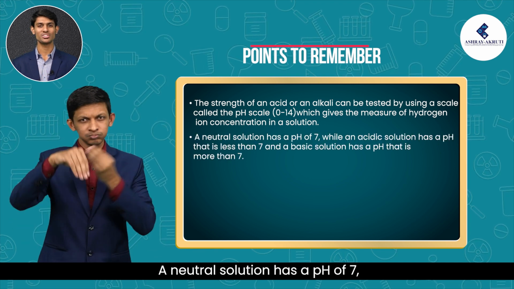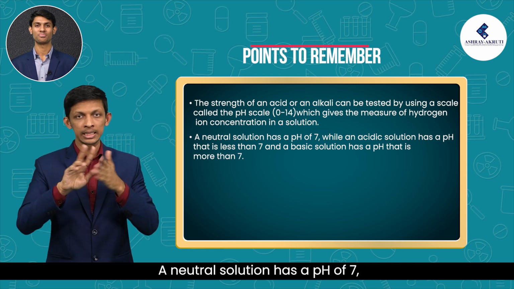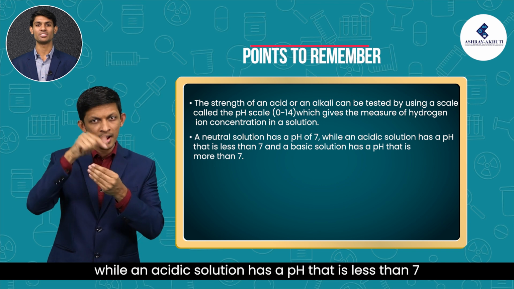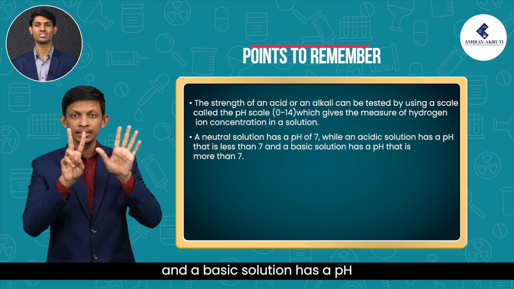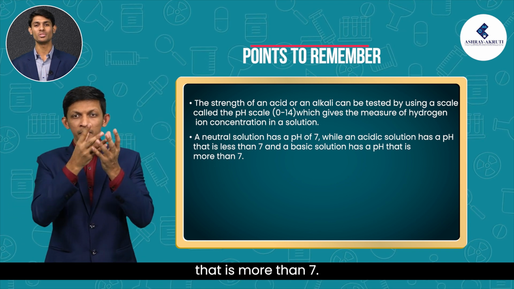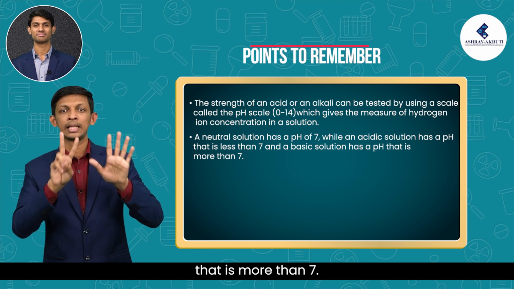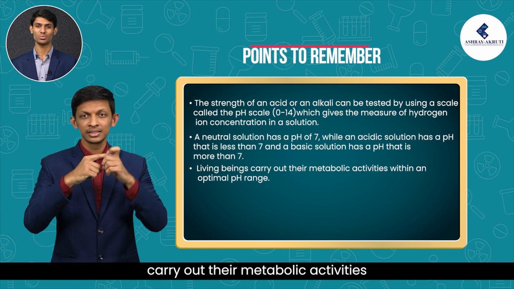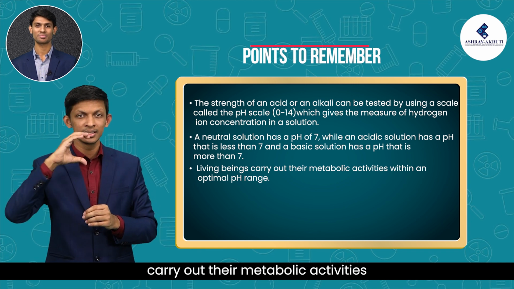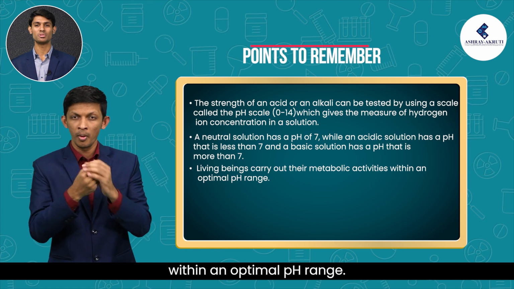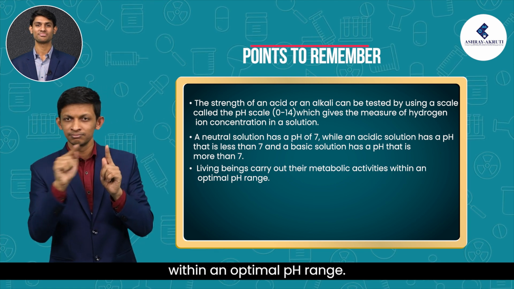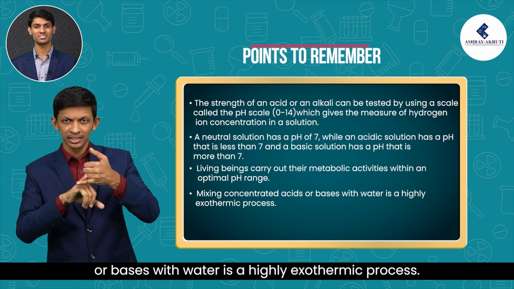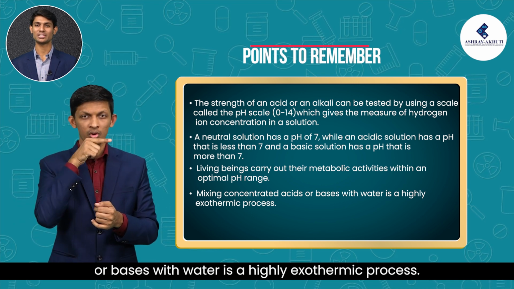A neutral solution has a pH of 7, while an acidic solution has pH that is less than 7, and a basic solution has a pH that is more than 7. Living beings carry out their metabolic activities within an optimal pH range. Mixing concentrated acids or bases with water is a highly exothermic process.